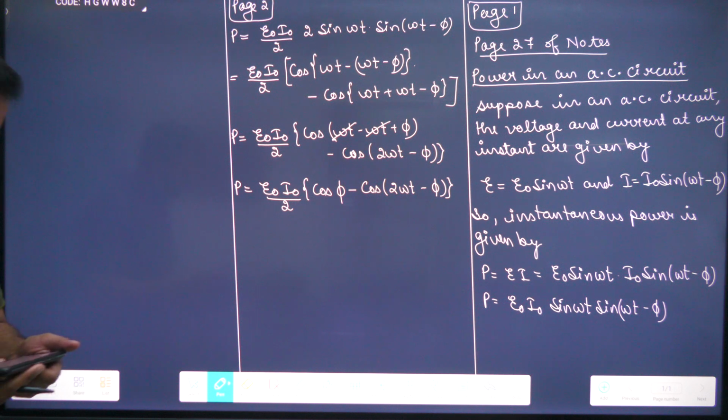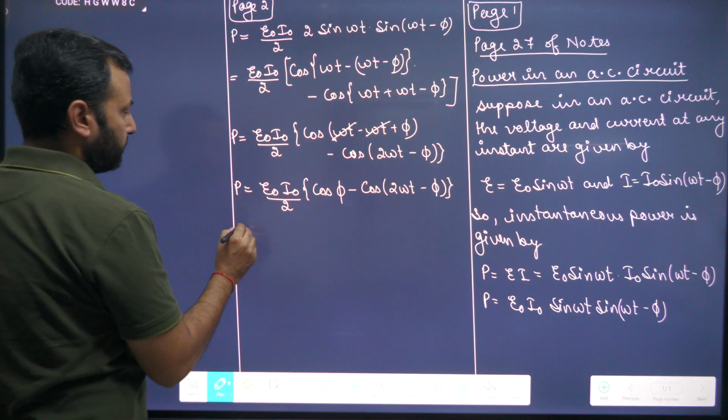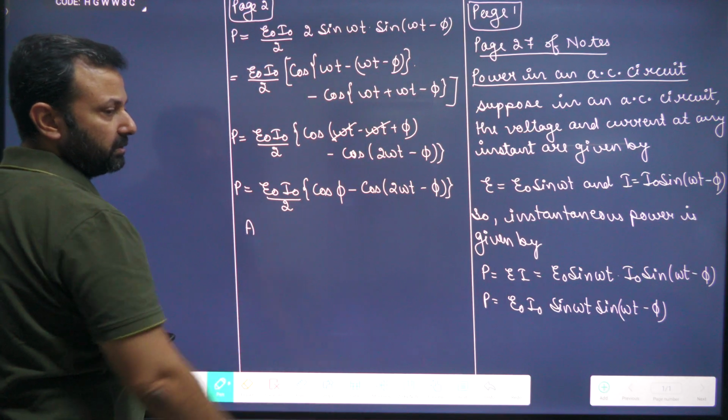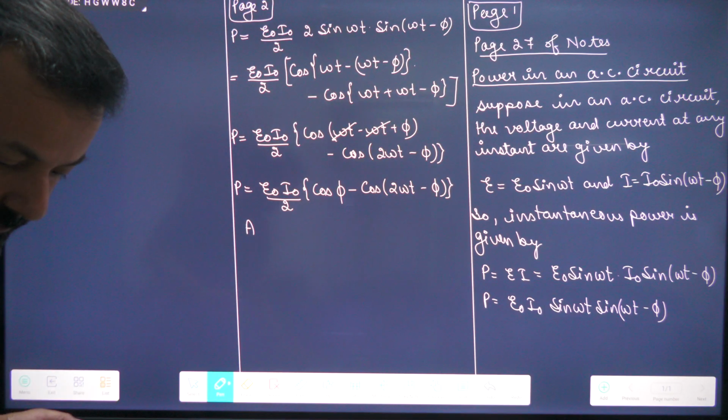Okay, so average power dissipated per cycle. Is this clear to you till now?